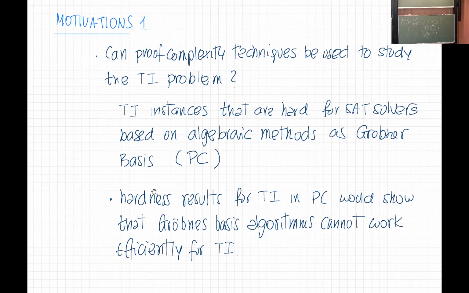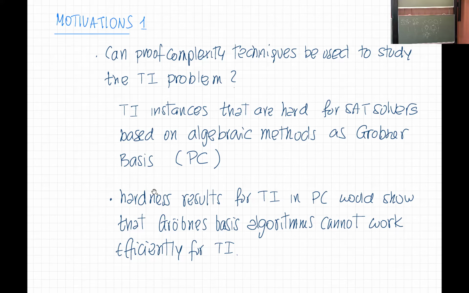And so the motivation for proving, what we were actually doing, is to try to understand, to the best of our possibilities, the degree lower bounds for the polynomials coming from the tensor isomorphism. So given two tensors that are not isomorphic, we want to understand what is the degree of the polynomials capturing the non-isomorphism of these two tensors in the polynomial calculus.